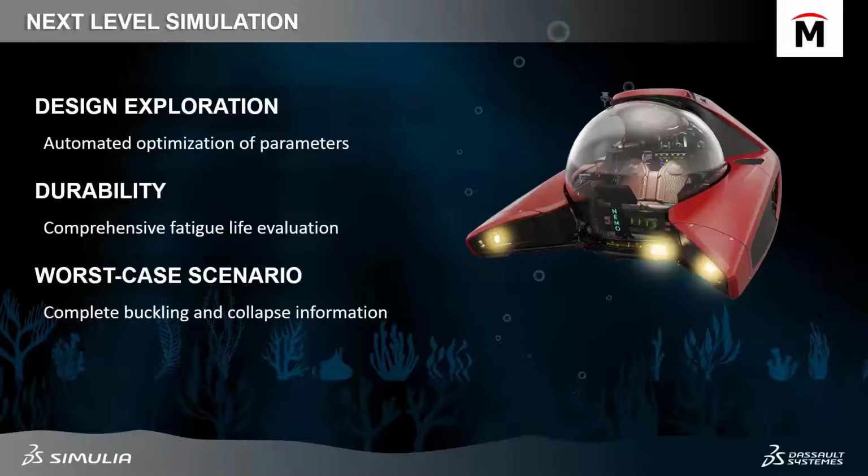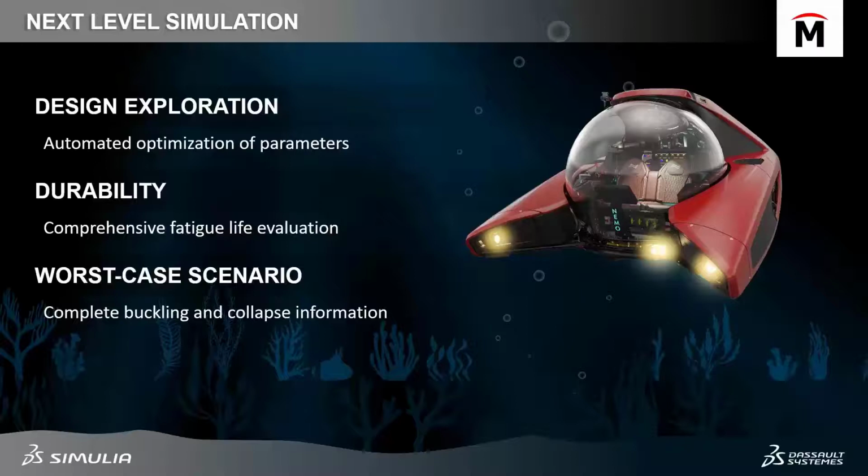We can evaluate durability and fatigue and understand some of these critical loading events. These tasks and simulation studies really allowed Adam and his team with the Nemo submersible to make informed decisions and to fulfill their safety and certification requirements.